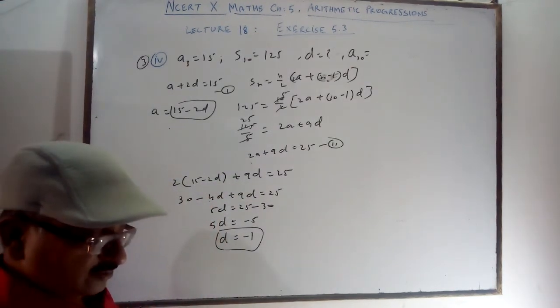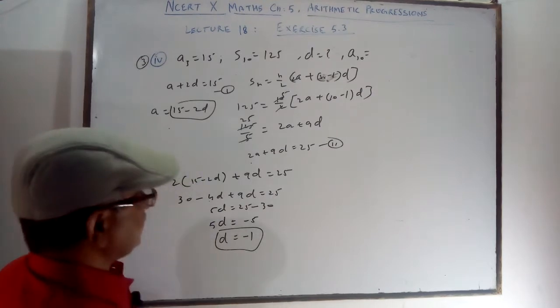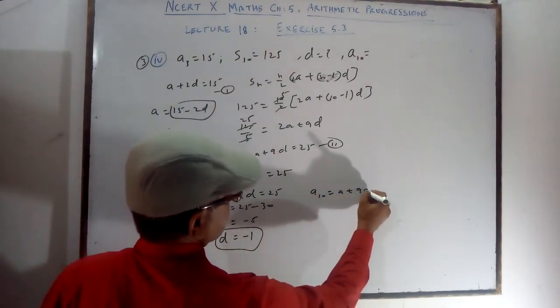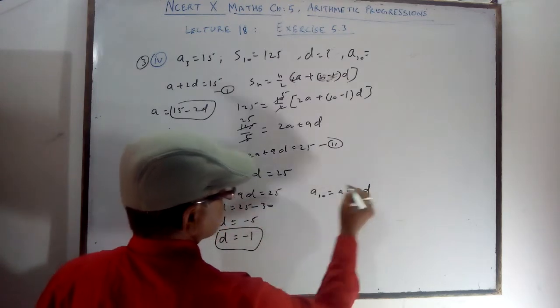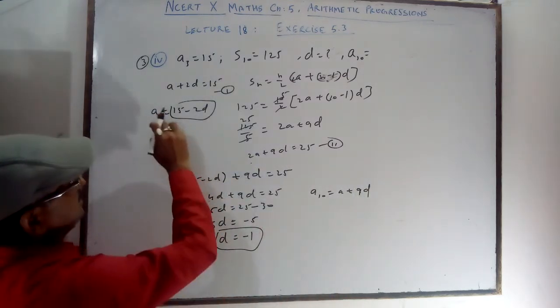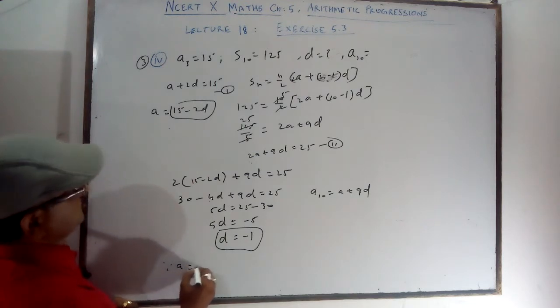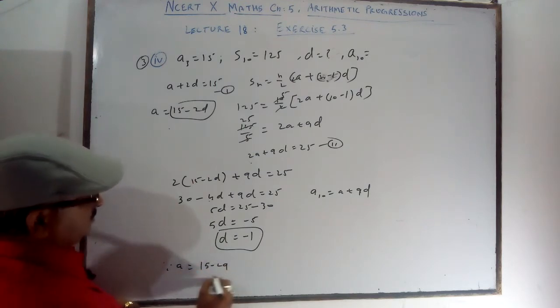If d is minus 1, then A10 is equal to a plus 9d. A is not given, but you can get it because a is equal to 15 minus 2d.